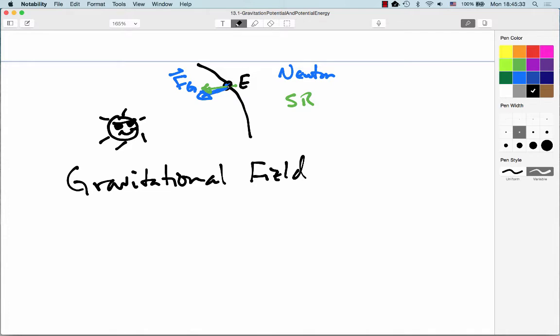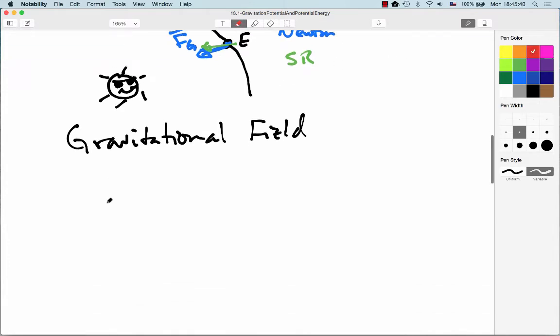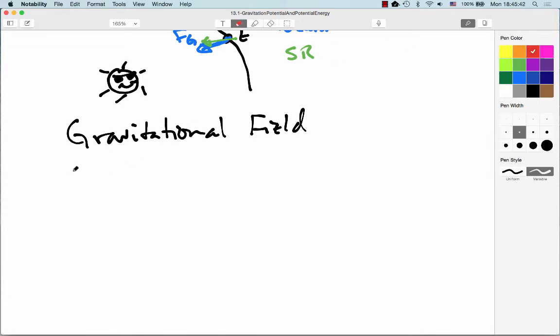Now, quantum mechanics takes this idea even a little further. There are different names for it. I learned it as the second quantization, but in any event, quantum mechanics goes further to say that particles are excitations of fields.